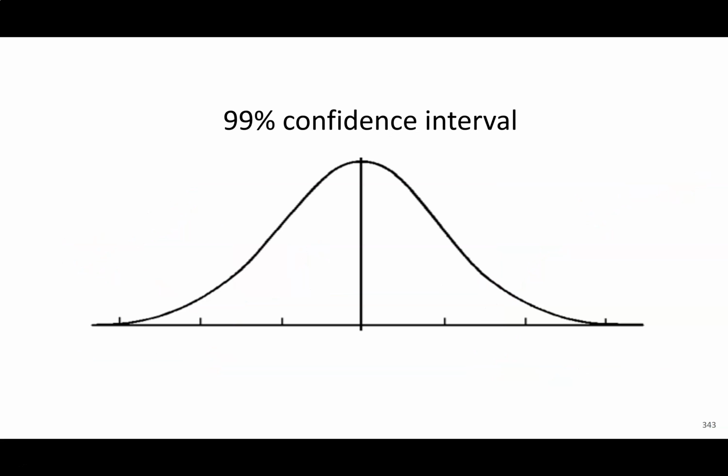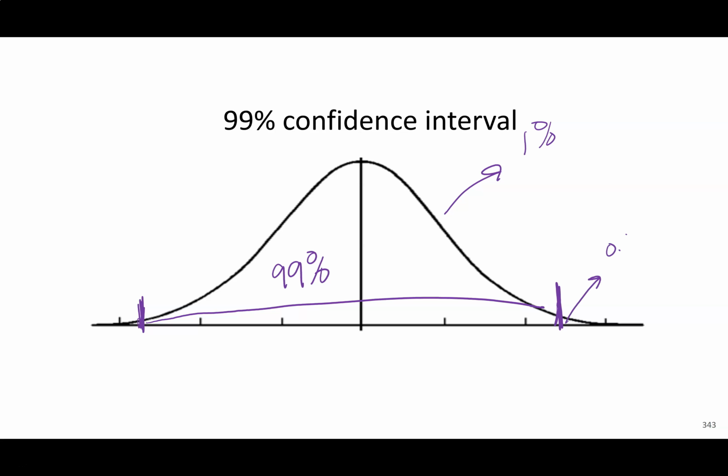And then 99% is going to be pretty much doing the same thing here. Obviously, it's not drawn to scale, so I have my 99% in the middle, which means I have 1% left over. So I have to split it between each tail. 0.01 divided by 2 is 0.005.